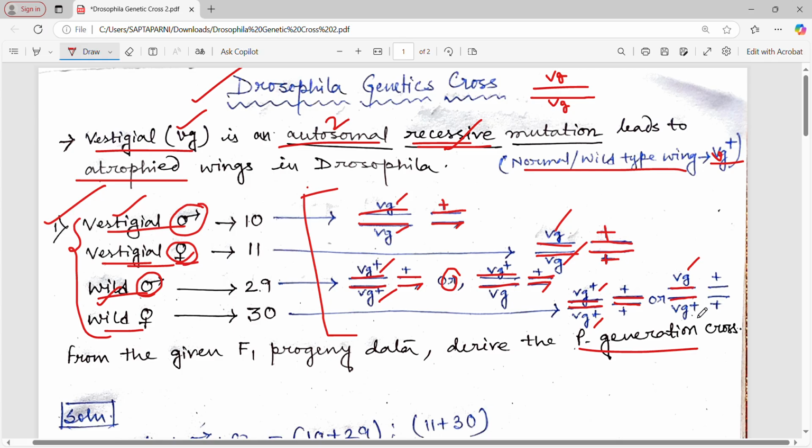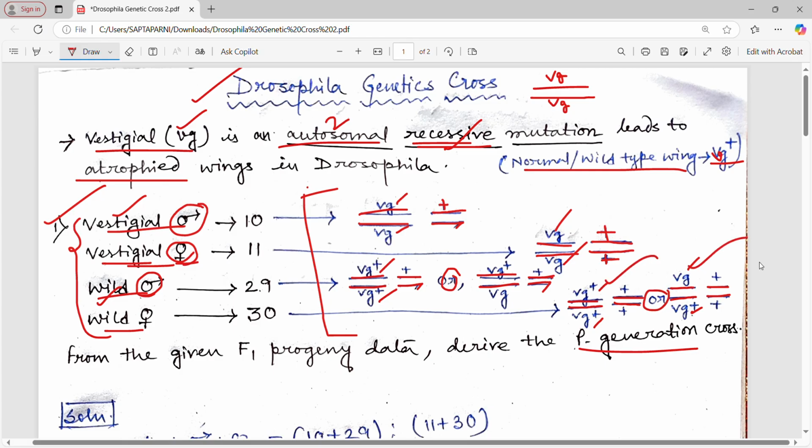In heterozygous condition it will obviously show the wild type phenotype, as we know vestigial is a recessive type of mutation. And obviously there will be two wild type X chromosomes here. So these two can be the wild type female genotypes.